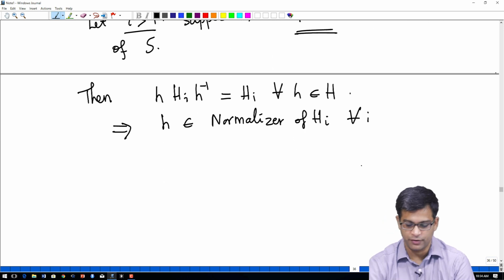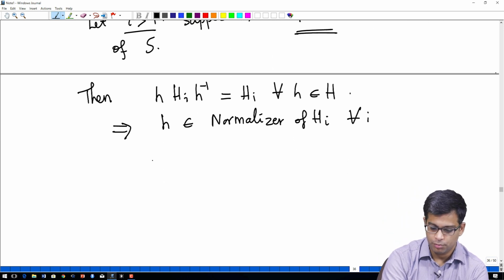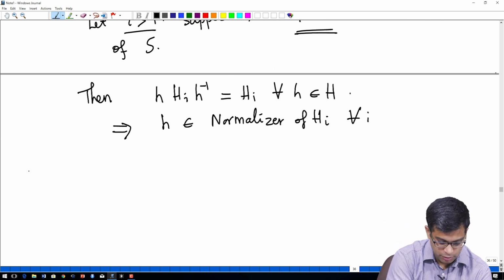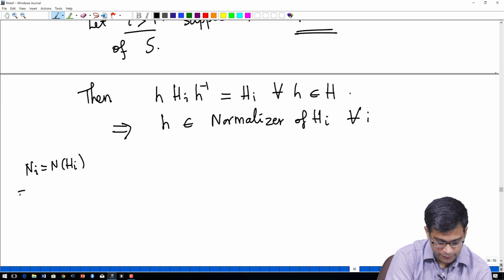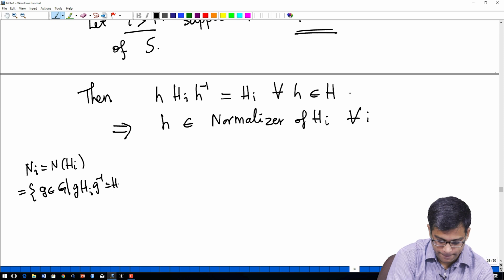Small h is in the normalizer of H_i for all i, because what is a normalizer? Recall, I am going to call it N_i, which is the normalizer of H_i, is by definition all g in G such that g H_i g inverse is H_i.